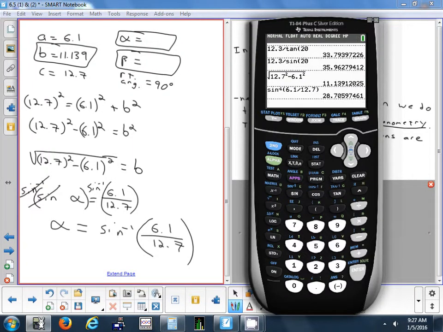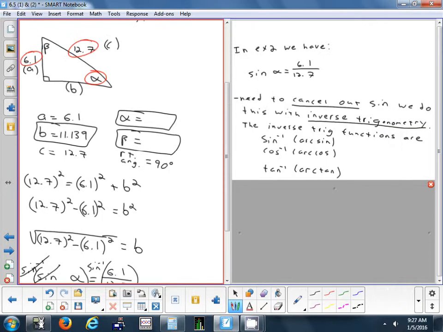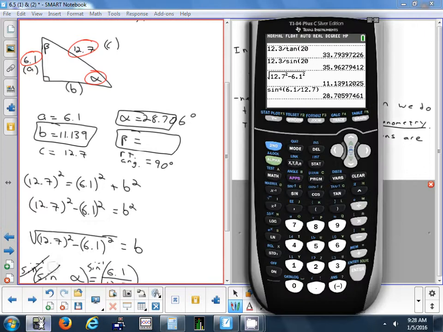So my angle should be 28.706. Now, if this was on the test and you were really running out of time, you could subtract that from 90 to get beta. The only danger with that is if you got alpha wrong, then you're going to get beta wrong automatically.